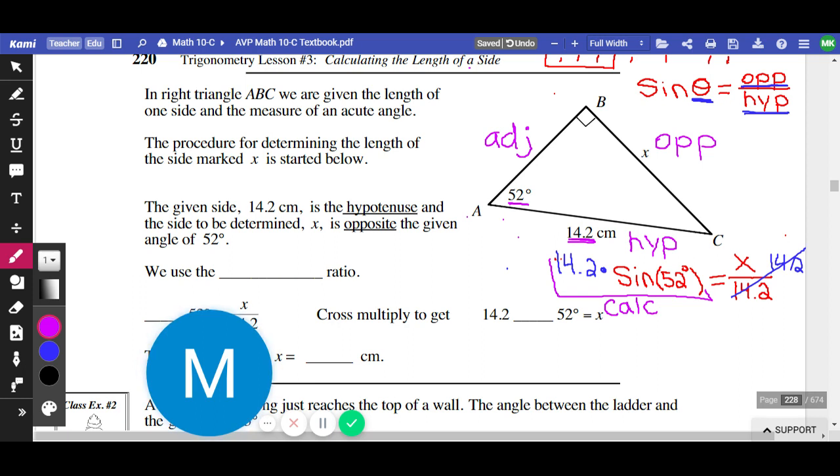Okay, with these calculators, you turn on your calculator, and then you click mode, which is up here. It's going to bring you to a list of things, a whole bunch of menus. The third thing down should say radian, and beside it, it should say degree.